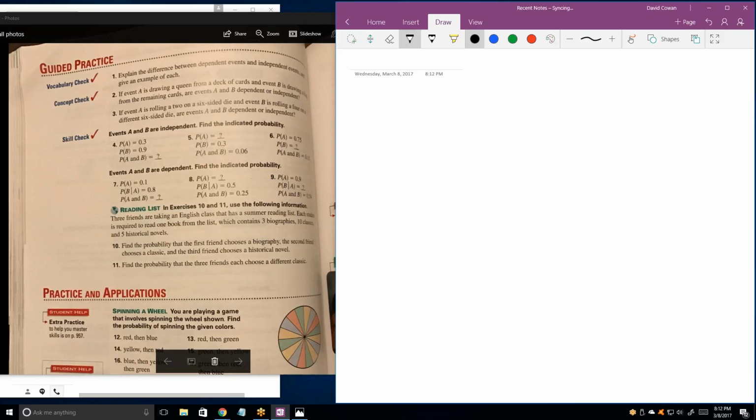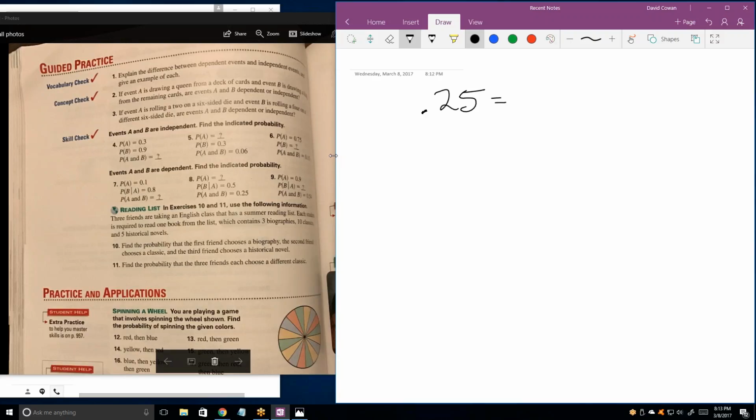Number 6 is pretty much the same. I think we can bypass it and go to number 7. You would just set up an equation and solve for the missing probability of B. I can't read this number. What's that number on 6? I believe it's 0.25. So 0.25 equals what?